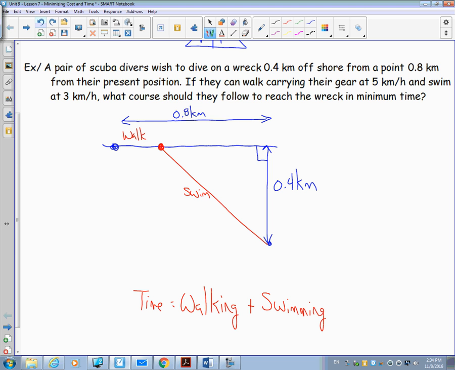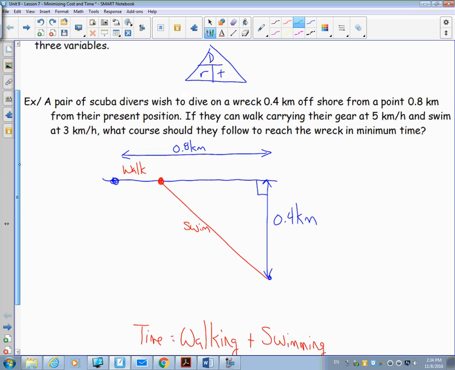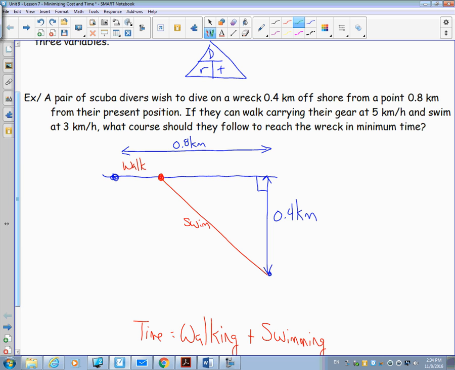If you remember back to when we had two objects moving against each other, we always figured out that time can always be found by distance over speed.